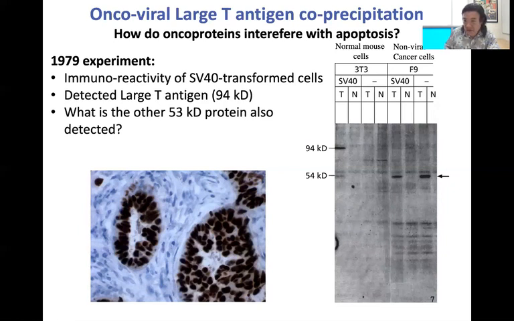And what's kind of interesting is you actually see a little bit less of it in the cells exposed to SV40 than in the regular cancer cells that did not get additional SV40. So could it mean that SV40 somehow interacts with whatever this mysterious protein is?